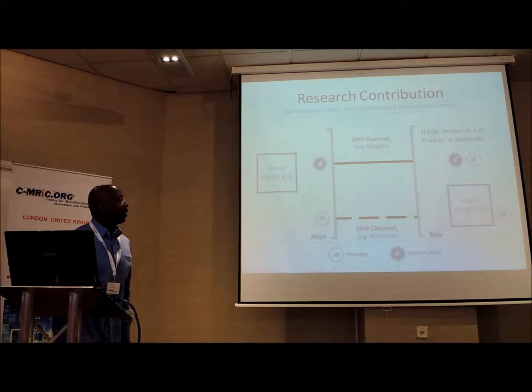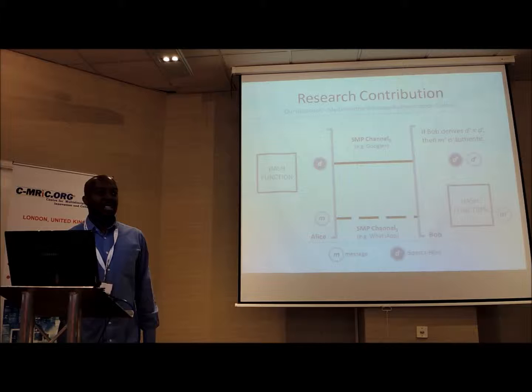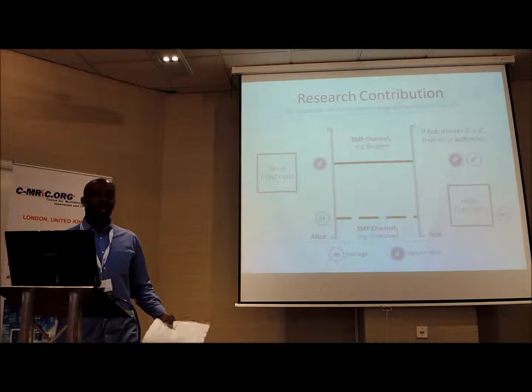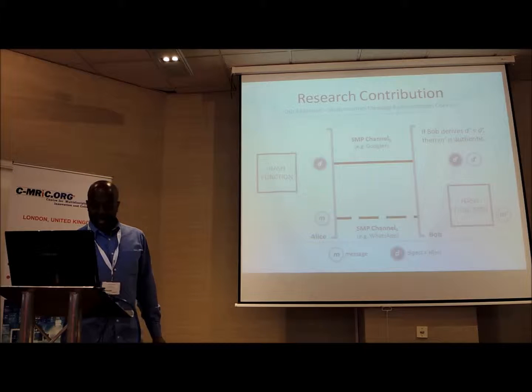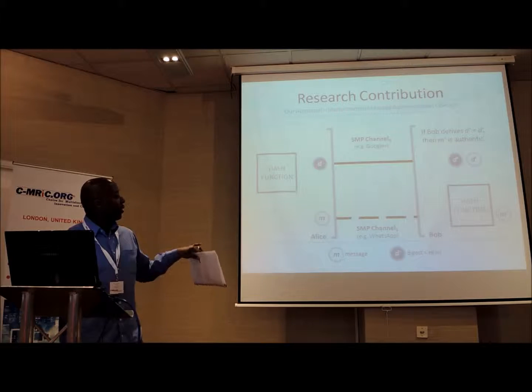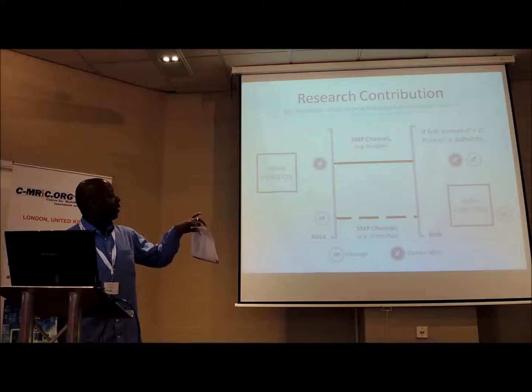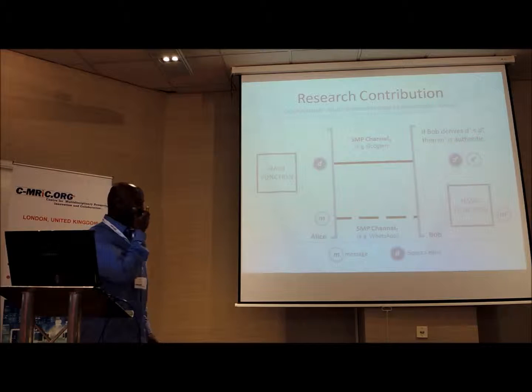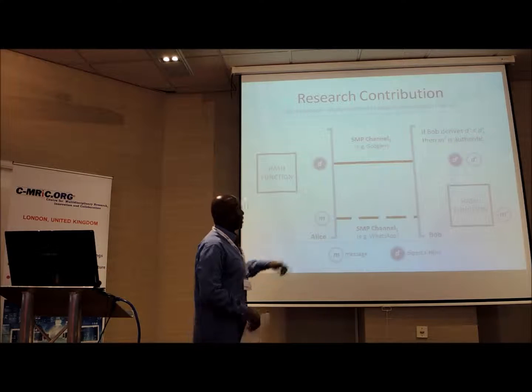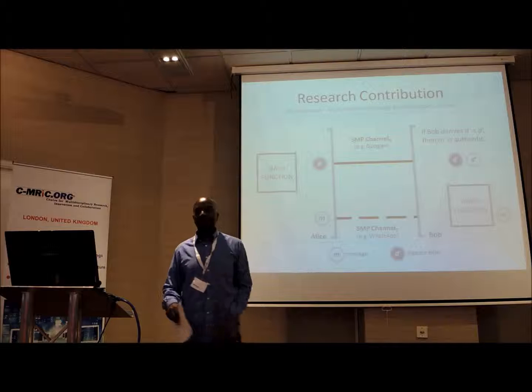If they are the same values at the other end, bearing in mind these are cryptographic one-way hash functions, so we can't fake the results, then we can say that the message transmitted between Alice and Bob is authentic. However, one thing we can't mitigate for is if they don't match, we can't say which channel was modified.